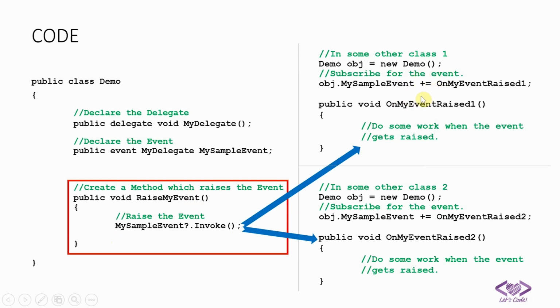This same notation we have seen when we dealt with multicast delegates. But the difference between the delegate and the event is that you can use only plus equal to and minus equal to with events. Unlike in delegates, where we can directly use equal to as well. In an event, if you use equal to to assign a method directly to the event, the compiler will throw an error.